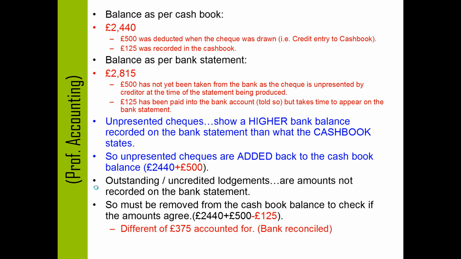So if you're given a question where you've got the balance as per the cash book and the balance as per the bank statement, take the difference, and you can see 375 in this case is to be accounted for. And we have accounted for that in this short example with the £500 added and a minus of 125. That would net off to give 375. So at that point the bank has been reconciled, and that's the topic.